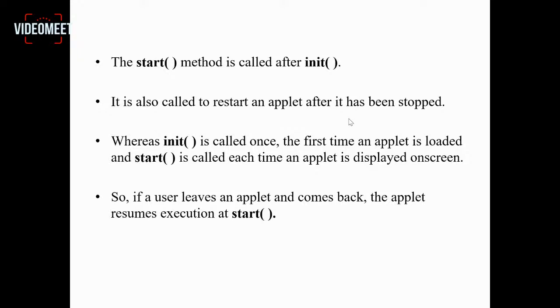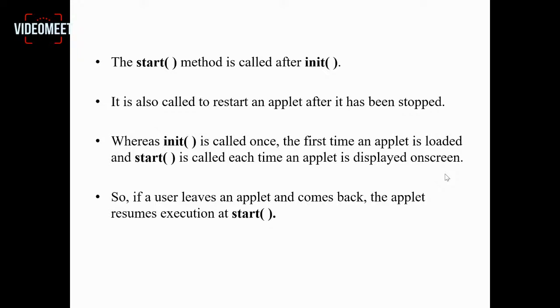Then after the applet window is displayed, you minimize it and maximize it. When you minimize it, the stop method will be called, and when you maximize it, the start method will be called. So the init method is only called once, the first time an applet is loaded, and start is called each time an applet is displayed on the screen. Displayed on the screen means it may be for the first time it is being displayed, or later when you minimize the applet window, again you may maximize it and display it on the screen.